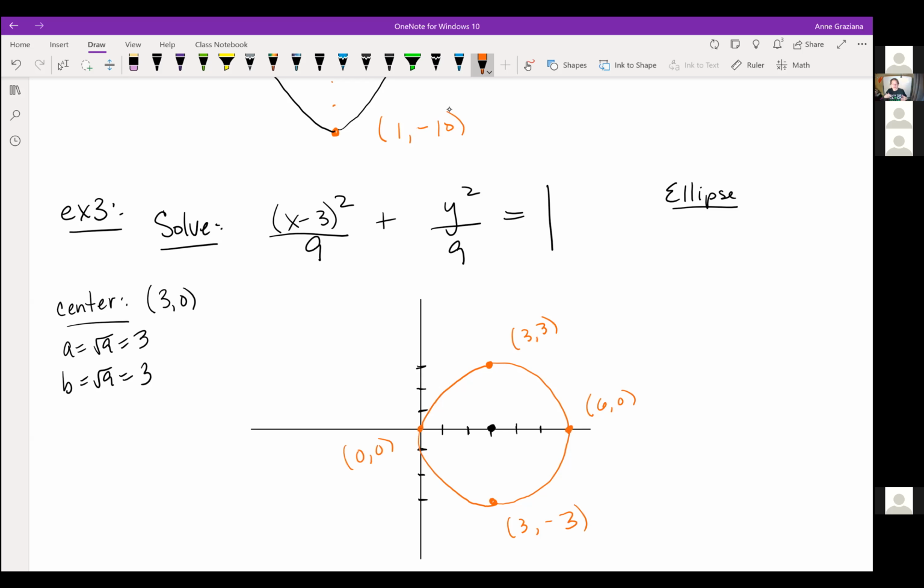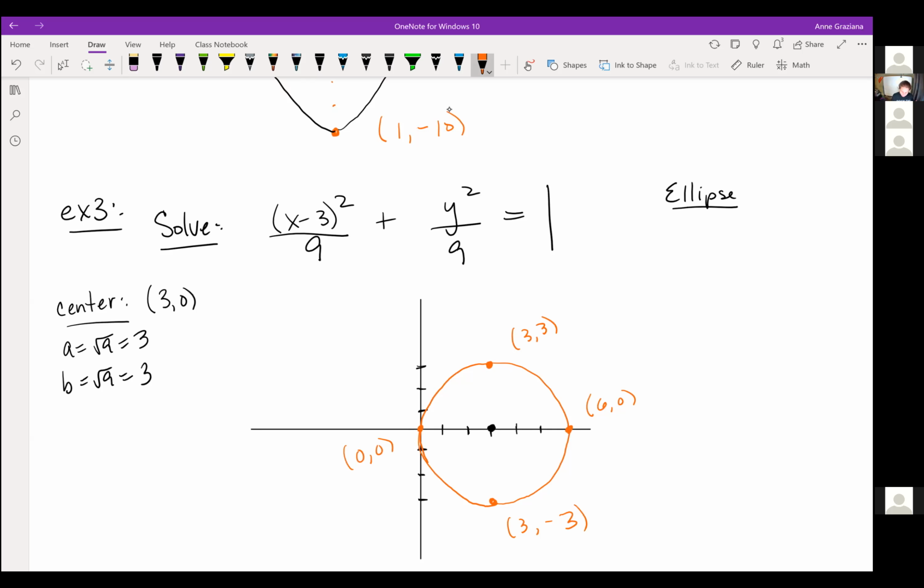Okay, what do you guys notice is special about this ellipse? There's something kind of special here. Yeah, it's circular, isn't it? It looks like a circle. Good. Yes. So when A and B are the same, you get the same distance in every direction, right?